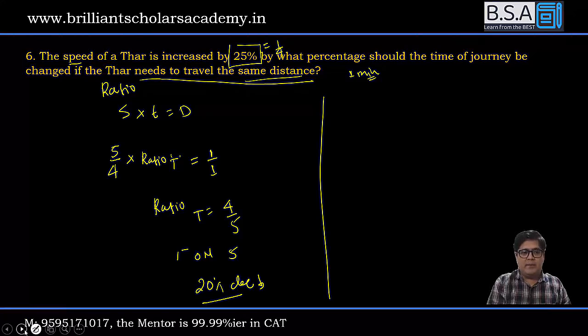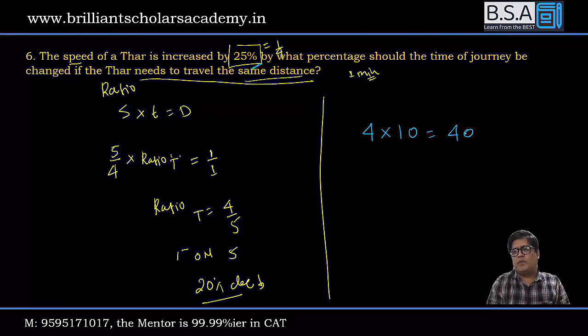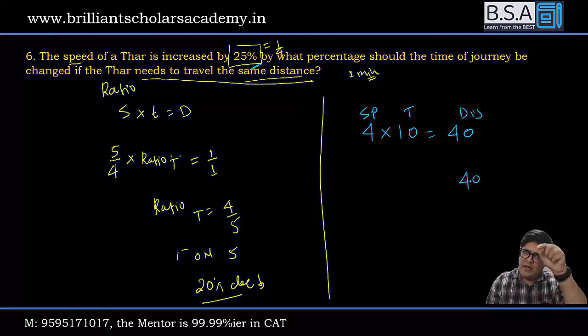What if I apply the assumption method? I'm assuming, because I need 25%, 4 was the speed. Let us say the time was 10 and the distance was 40. I want distance to be again 40. But speed has become 5.